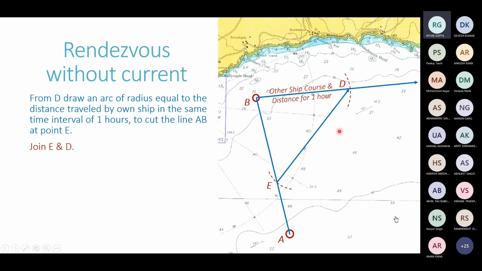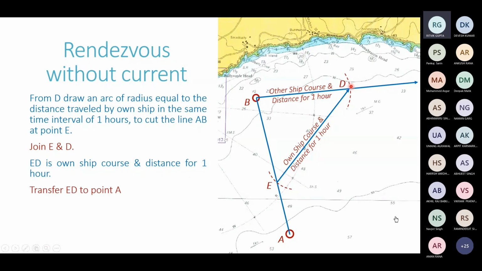So you can see we have joined both these points, Echo and Delta. Now this vector which you see here, Echo Delta vector, is own ship course and distance vector for a duration of 1 hour. So you can see it here. We have the own ship course and distance vector for a duration of 1 hour on the plot or on the chart.